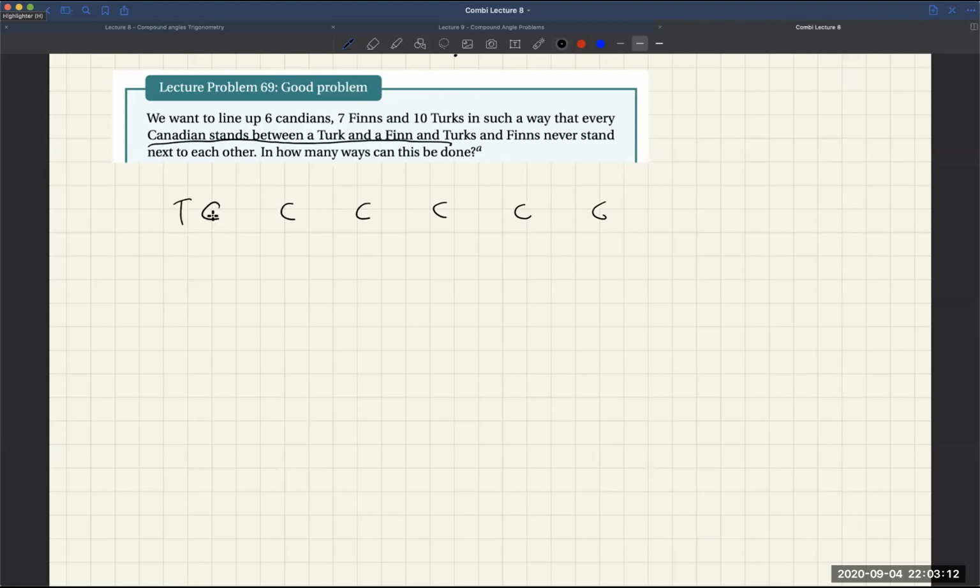Okay, so imagine I have this Turk here, and then Finn here, then Turk, then Finn, then Turk, then Finn, and then Turk. So maybe first, second, third, and fourth group of Turks, and first, second, and third group of Finns. Am I clear with this? Any doubt in this, guys?